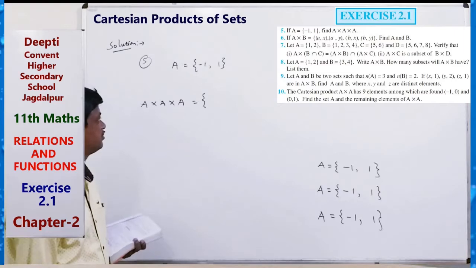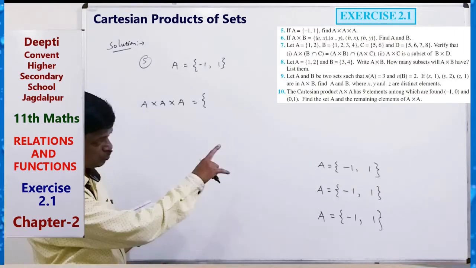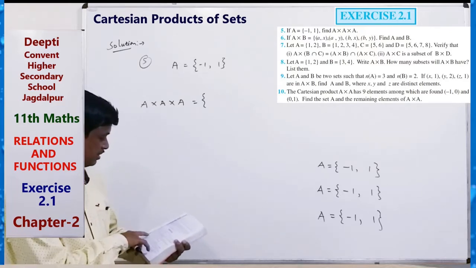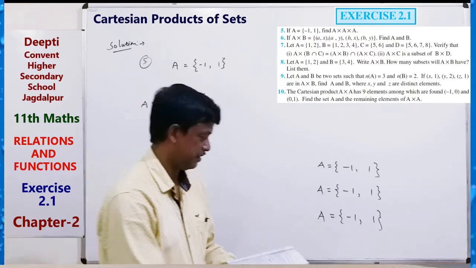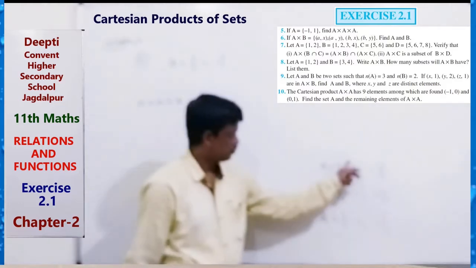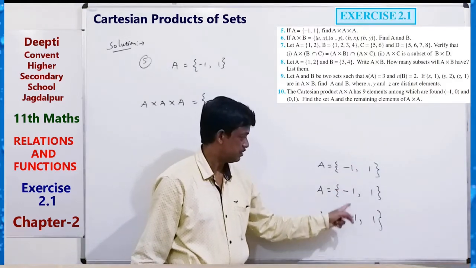So how many elements will be there? 2 into 2 into 2, 8 elements. So we have to write only A cross A cross A. Clear? So -1, this, and this.